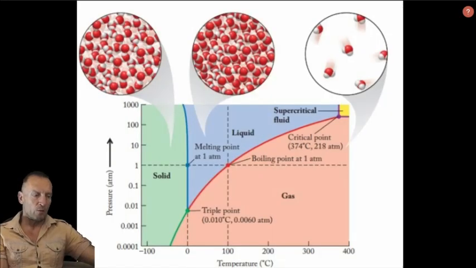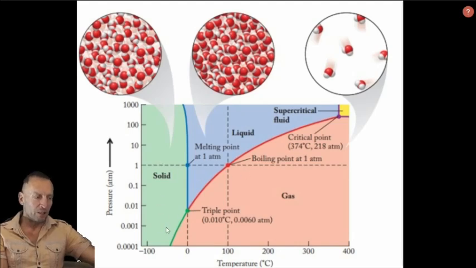Another point that I want you to watch very closely, another place of the graph, more precisely say, is that there is a place where from solid the water from ice turns to a gas directly without getting into the water phase.